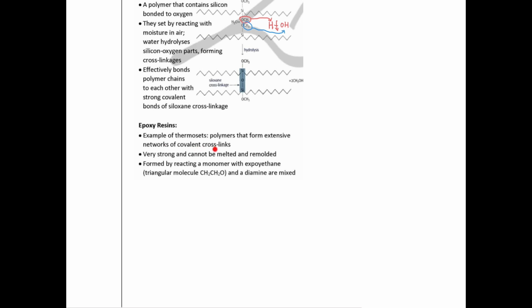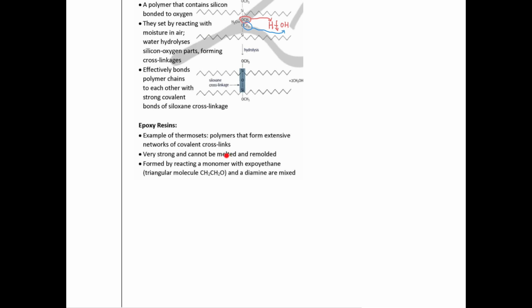The cross-link is covalent cross-link. That means it's covalent bond that is involved there. Okay, so likewise, this is covalent bond also. Silicon, oxygen, silicon is covalent bond also. So very strong and cannot be melted and remolded. So epoxy resin, once they form a particular shape, it is very strong, cannot be melted.